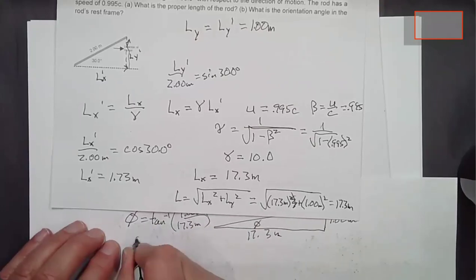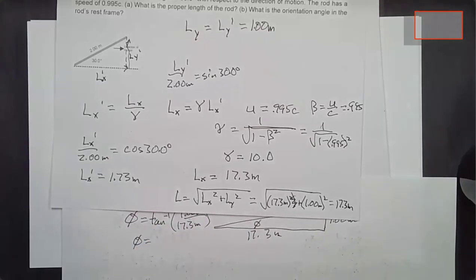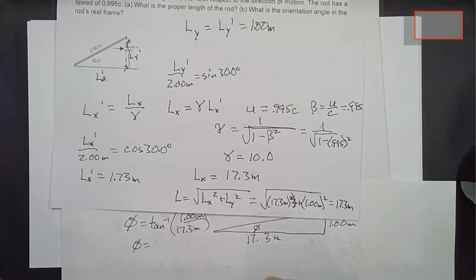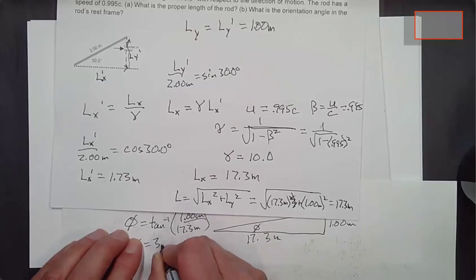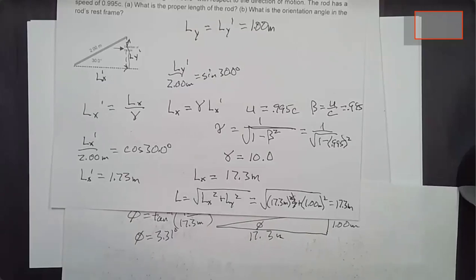And phi is going to equal a pretty small angle, I think. Yeah, I get 3.3 degrees. 3.31 degrees. Okay, so not much to it.